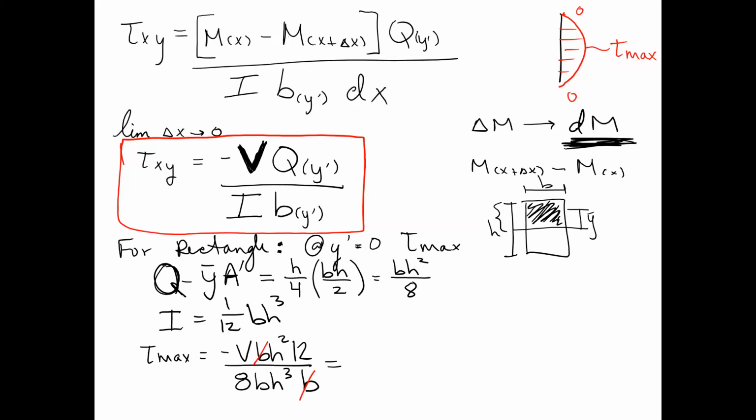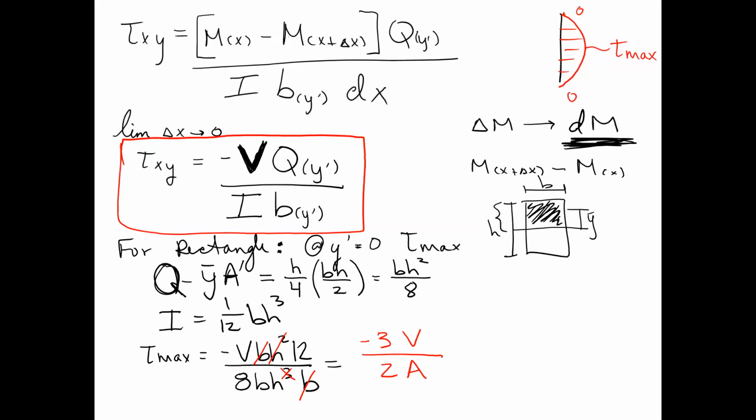The b in the numerator and the denominator reduce to 1. The h squared in the numerator causes the exponent of h in the bottom to go from 3 to 1. I have a bh on the bottom. What does that equal? The area of the thing. Good, it's equal to the area. So let's deal with our constants first: 12 over 8 is 3/2, times the shear force divided by the area.